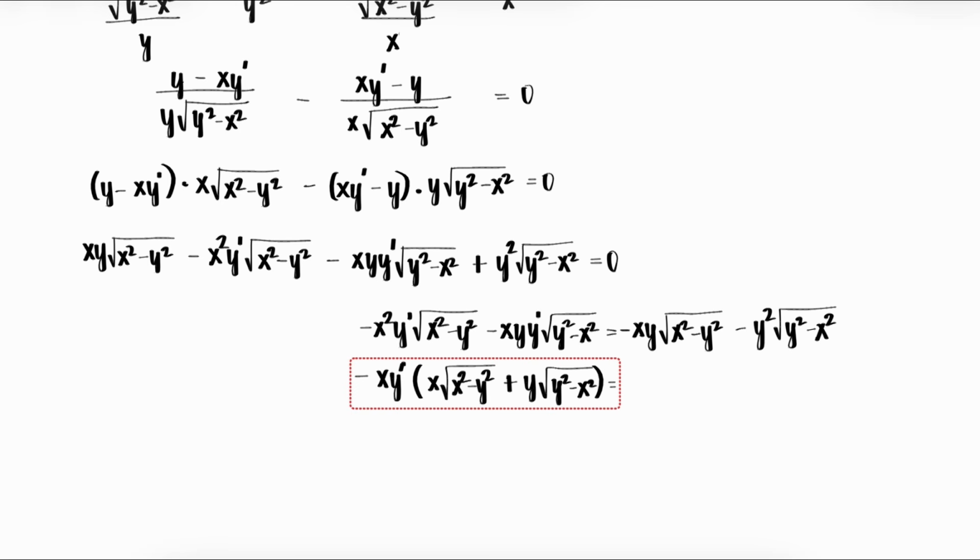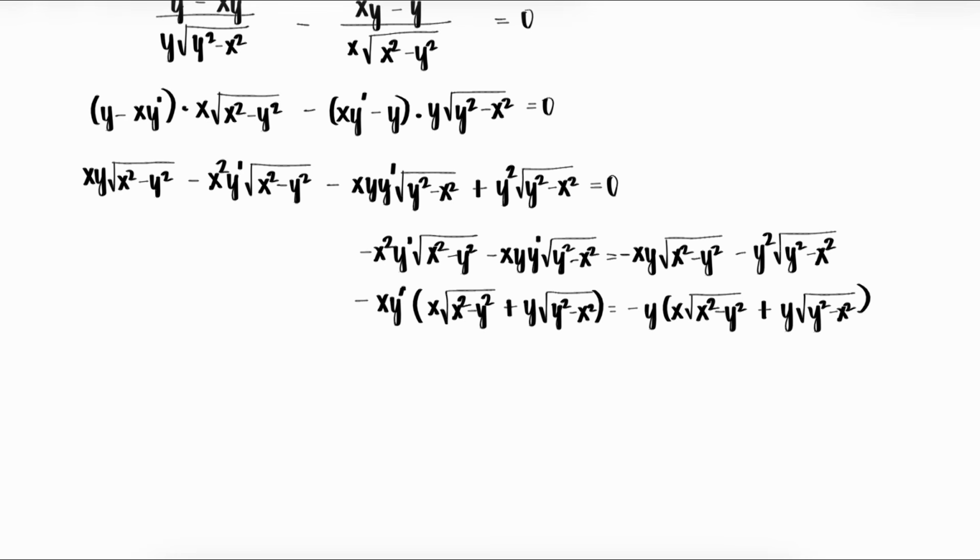Okay, on the other side also we're going to factor out the common terms. So factoring out negative y, what's left inside is x square root of x squared minus y squared plus y square root of y squared minus x squared.